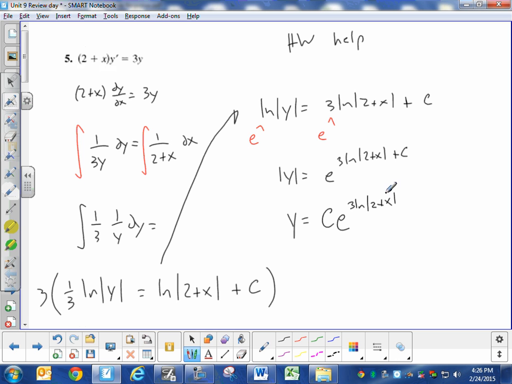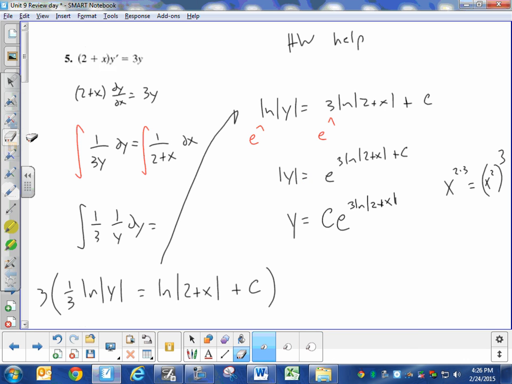Okay, so this could be your solution. You probably are thinking, well, doesn't e to this log cancel? Isn't it just like 3 absolute 2 plus x? And it's actually not. That's because of the power property of exponents. If I have x to the 2 times 3, I can write that as x squared cubed. So this is e to the 3 times log 2 plus x.